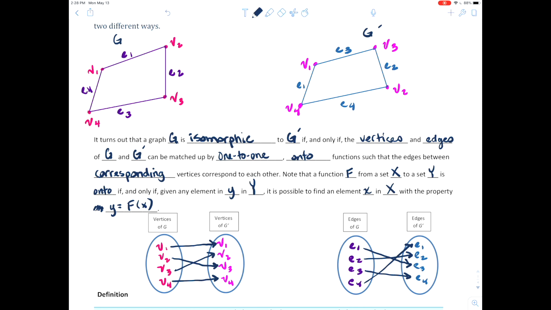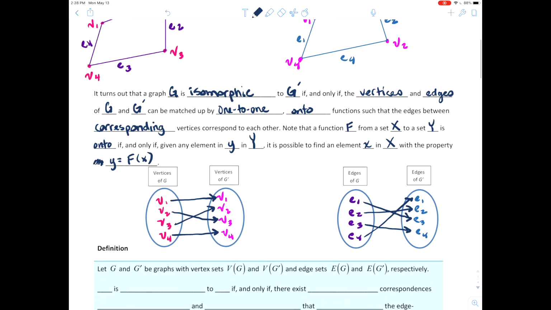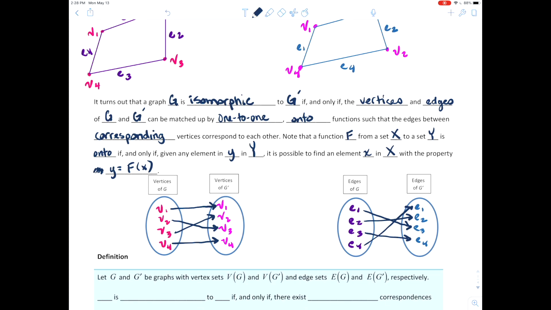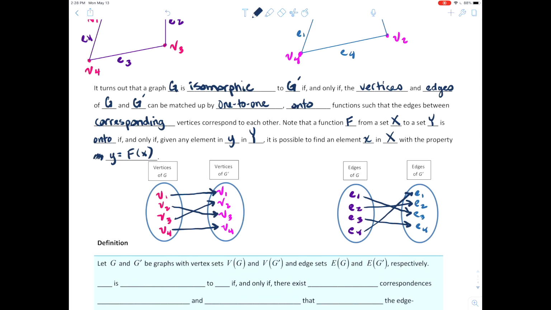So here, notice that each input has exactly one output, and that output is not repeated for any of the other inputs. So looking at this, I would say it's 1-to-1. There is an input for every output, and it works for both the edges and the vertices.